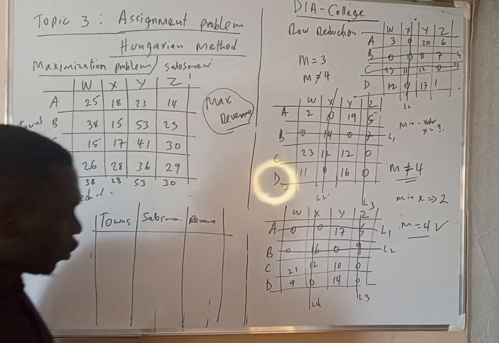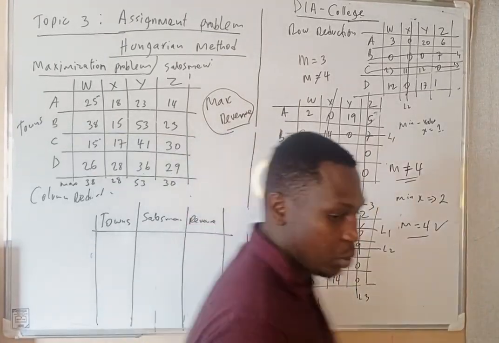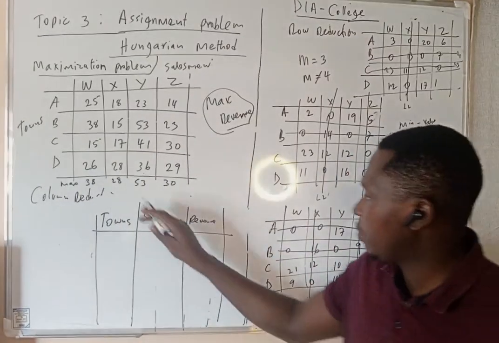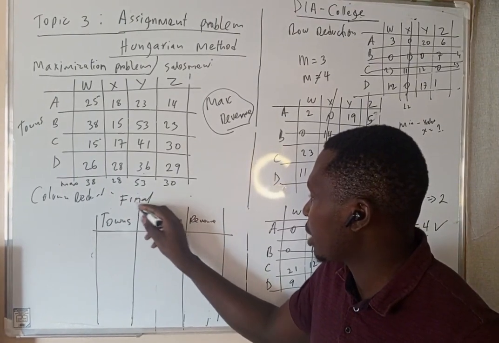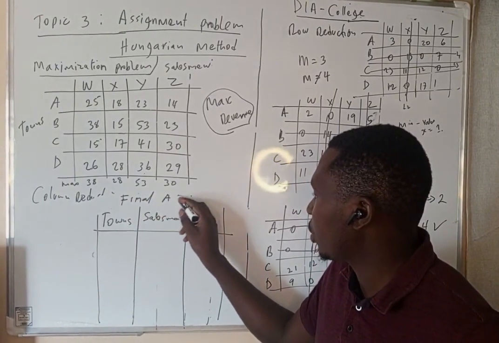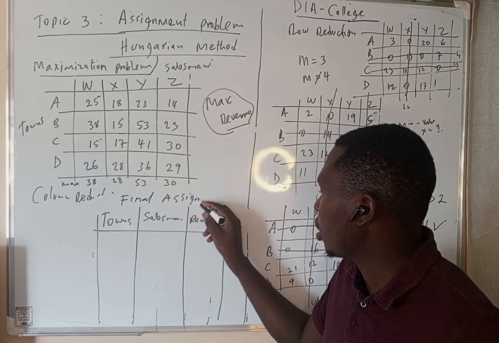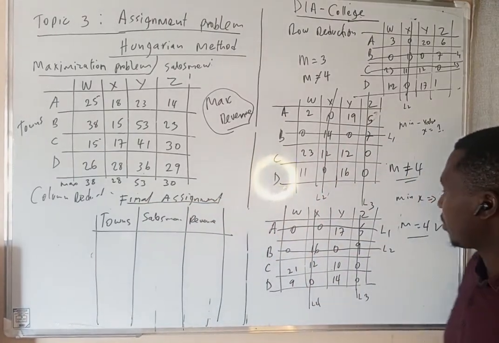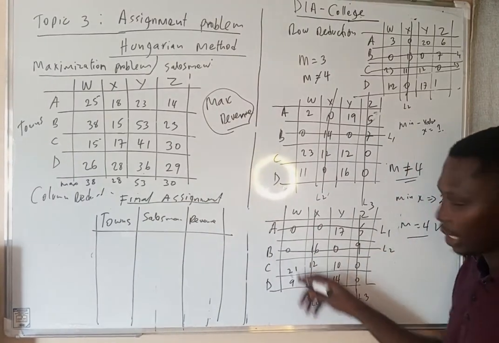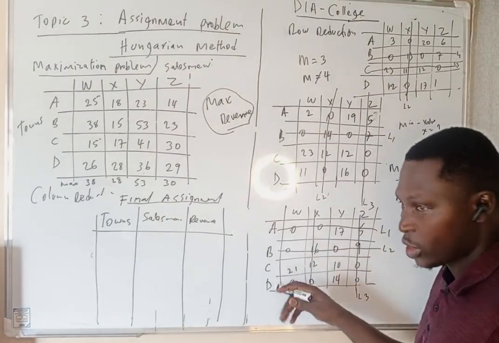In step 5, we said we use row and column scanning. So let's perform row and column scanning here. We start with the rows, then go to columns.